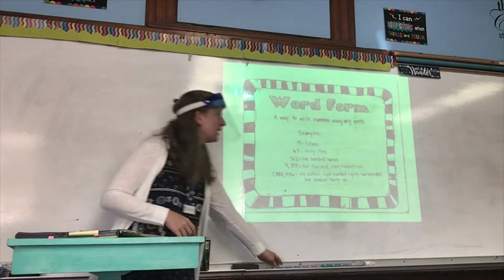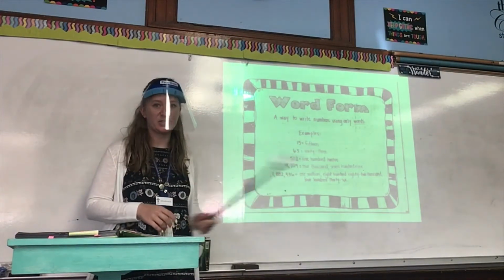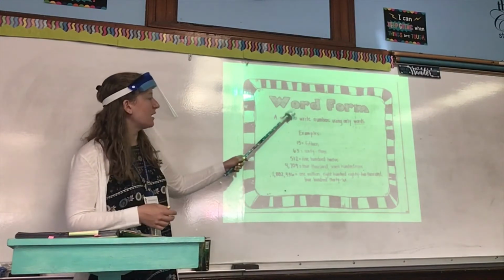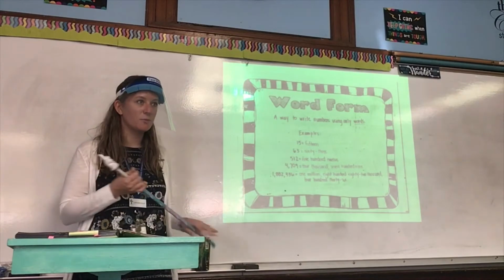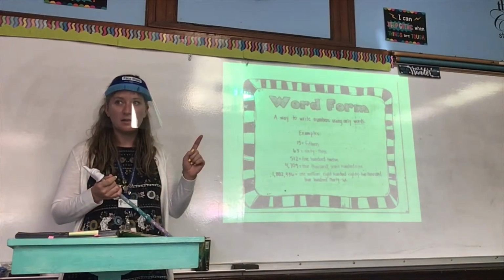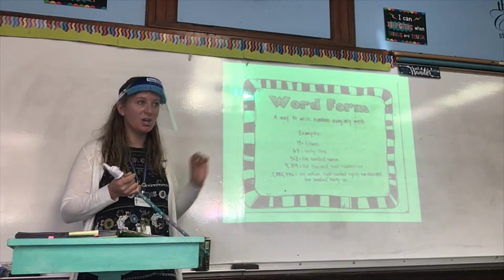A way to write numbers using only words. So when we write numbers in word form, there are no digits, there are only letters and words. Remember, a letter is like a digit, a word is like a number.